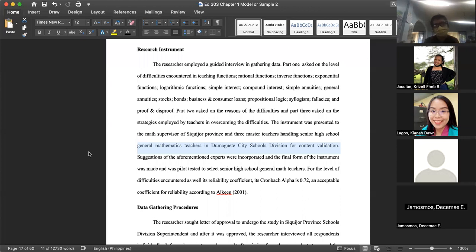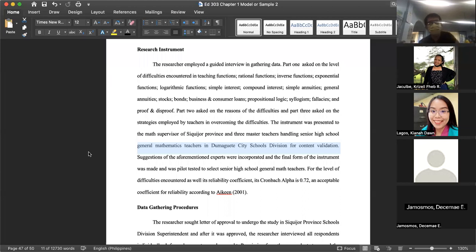If you look at public school, it should be public school also in Dumaguete. If you look at grade 10 in your actual research locale and target population, then make use of grade 10 also in the pilot testing. Do you follow? Yes, sir.